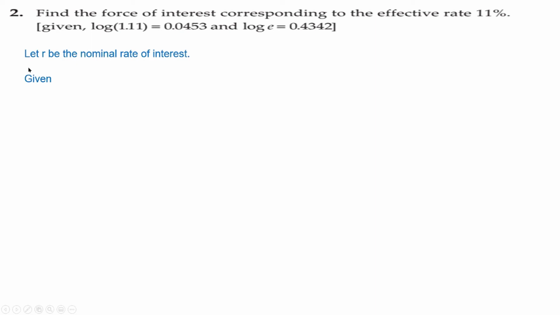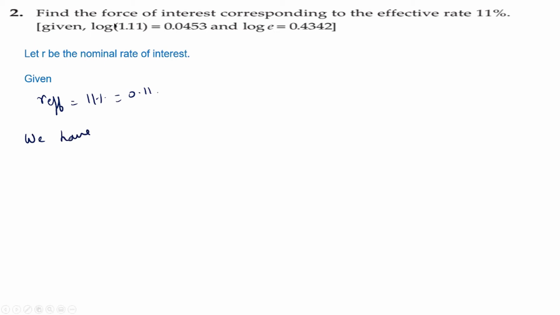Moving on to the next question. Find the force of interest corresponding to the effective rate 11%. So here the effective rate is given. We need to find the nominal rate of interest. So let R be the nominal rate of interest. Given effective rate of interest equal to 11%, or it is 0.11.